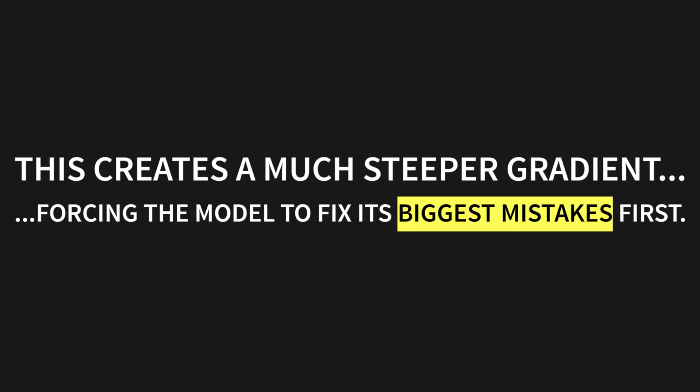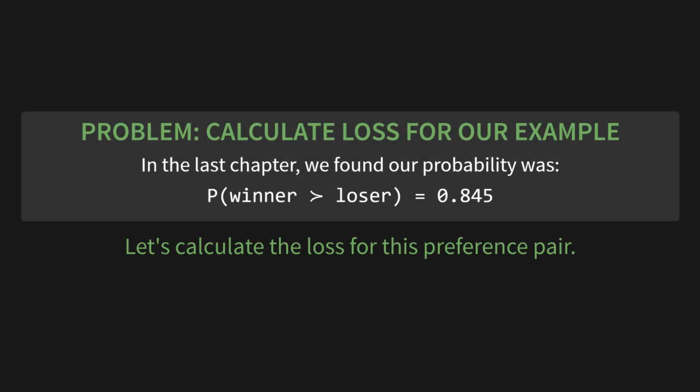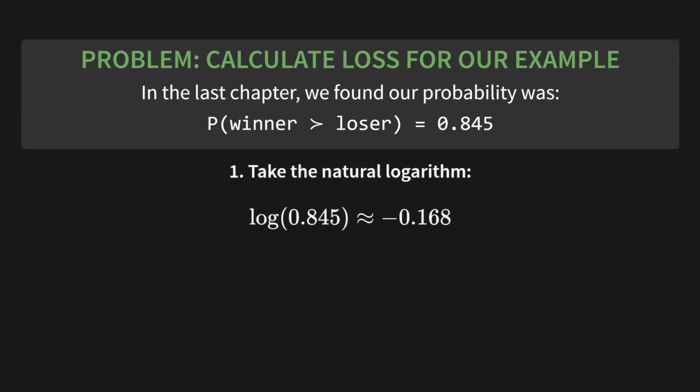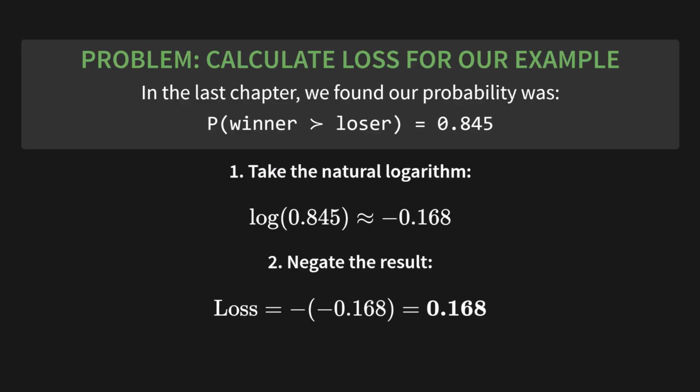Okay, let's make this real. Problem: calculate the loss for our example. In the last chapter, we found our probability was 0.845. Let's calculate the loss for this single preference pair. It's just 2 simple steps. Step 1. Take the natural logarithm. The log of 0.845 is approximately negative 0.168.